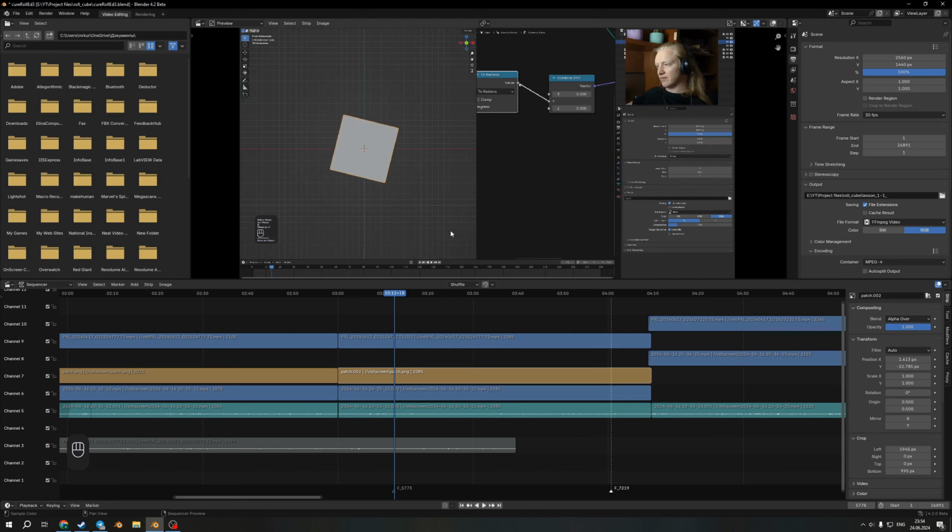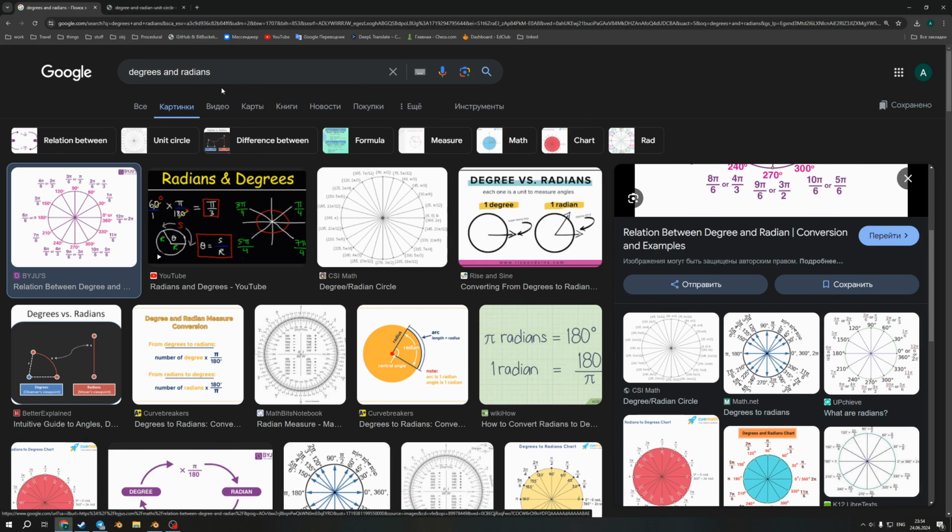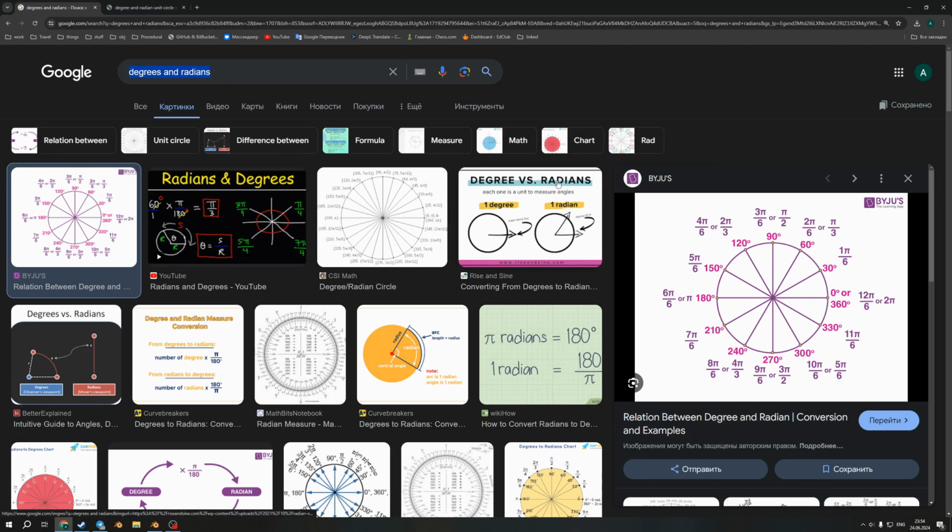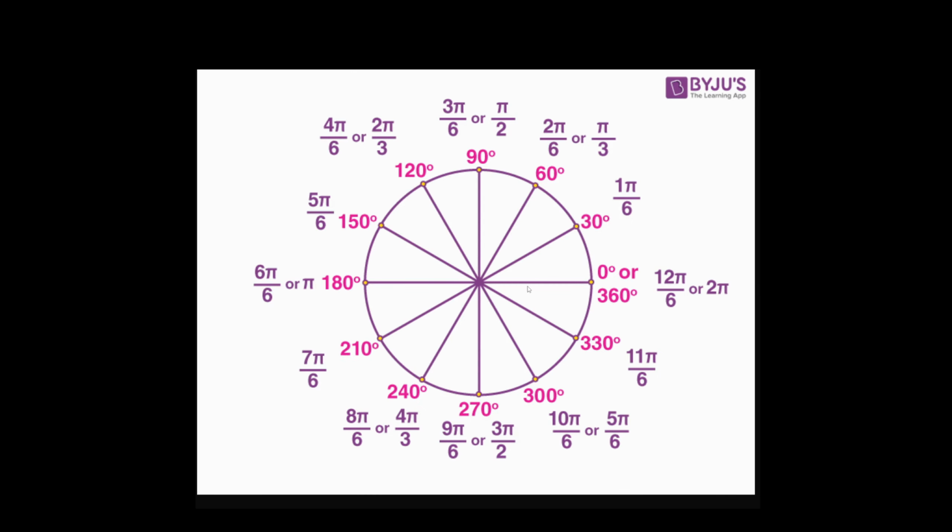During the editing, I realized I didn't explain the difference between degrees and radians, so let's do a little detour. You can Google degrees and radians and learn it yourself if you find my explanation not sufficient. Basically, if we take a circle with a radius of 1, then radians is just the length of part of a circle at this angle. So at an angle of 90 degrees, if we transform it into radians, it's going to be half of pi, because the whole circumference of a circle is 2 pi multiplied by the radius, and the radius is 1.